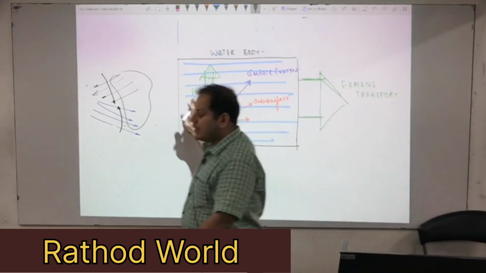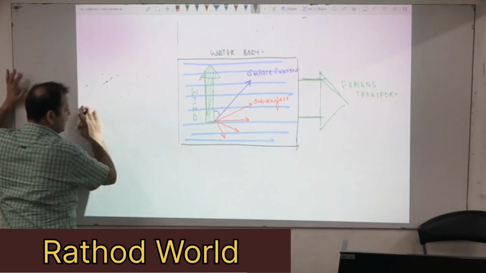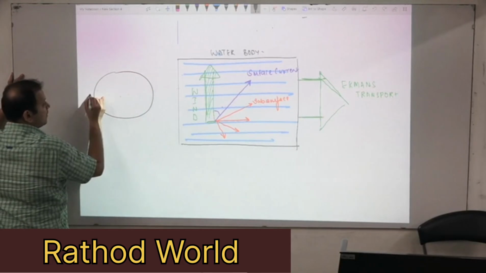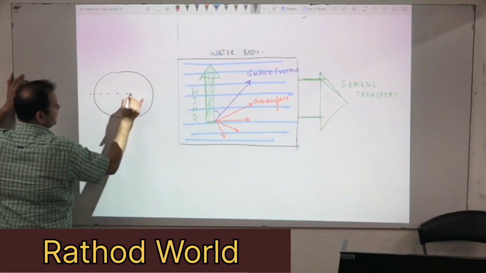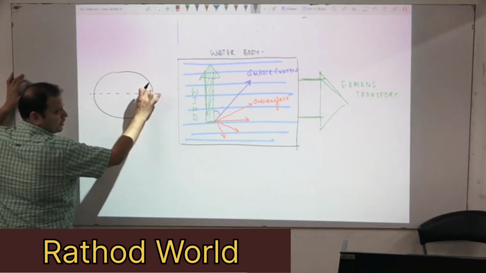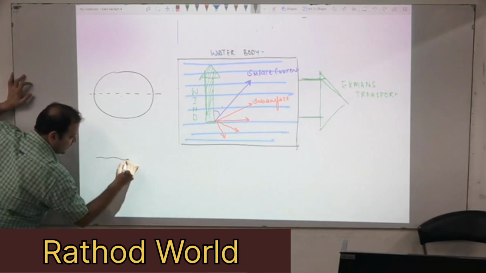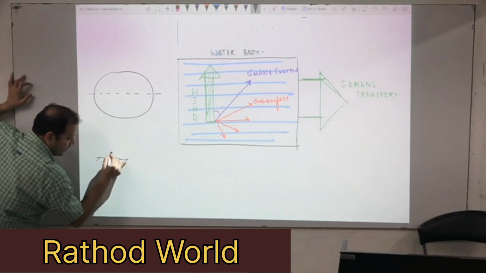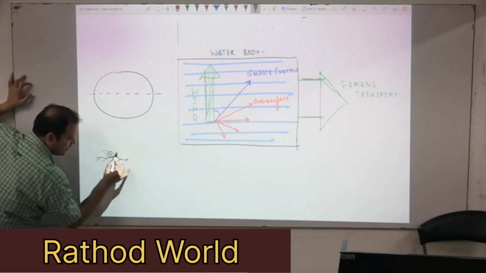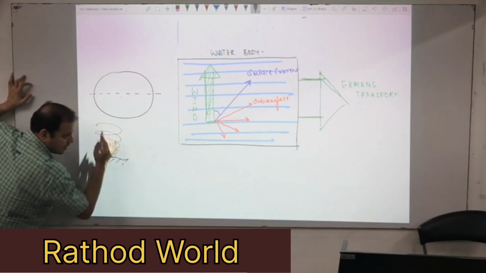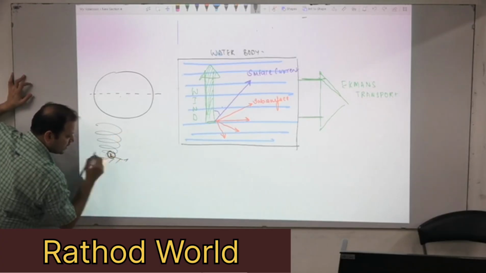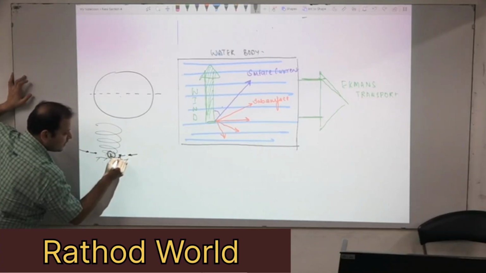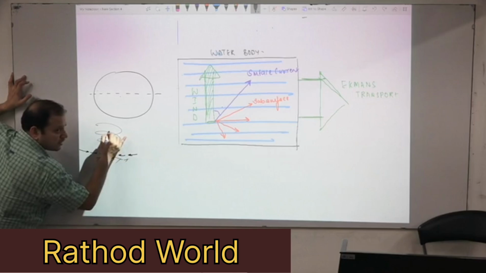Now we have not done climatology, but if you have done climatology even in GS or earlier, you already know the heat is maximum at the equator because the sun is exactly located over the equator. If this is ground, due to heating, the air here rises, right? So we say this is a low pressure belt. The air here goes up, so the winds from the surrounding region will come to the low pressure belt and they will also start rising upwards.